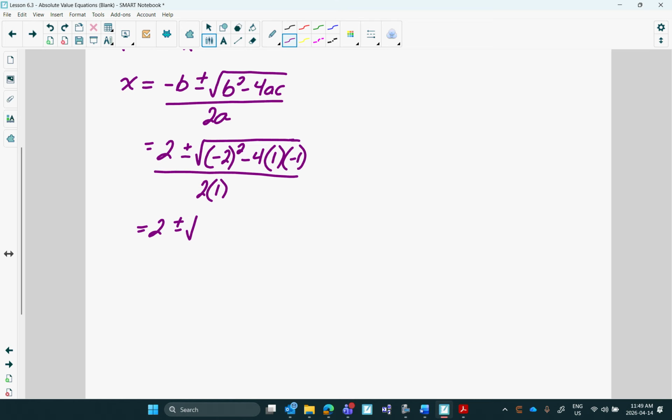What does this work out to inside? 8. Because this is positive 4, this is positive 4.